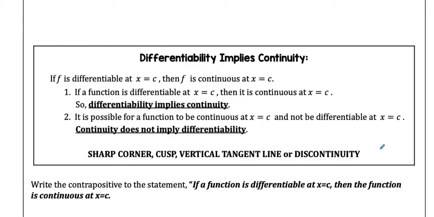So, if something is continuous at a number, it does not mean that you'll be able to find a slope. So it only goes one direction. If you are able to find a slope, it guarantees that it's continuous. It doesn't mean the opposite way. Now you're probably wondering why I'm making a big deal out of this.